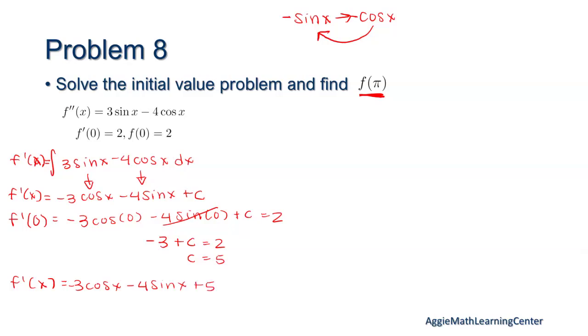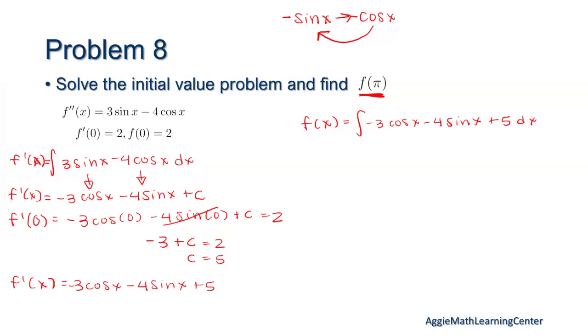Okay, now we have to do it one more time. To find f of x, I have to take the integral of negative 3 cosine x minus 4 sine of x plus 5 dx. What's the integral of negative cosine? That should be negative sine, right?